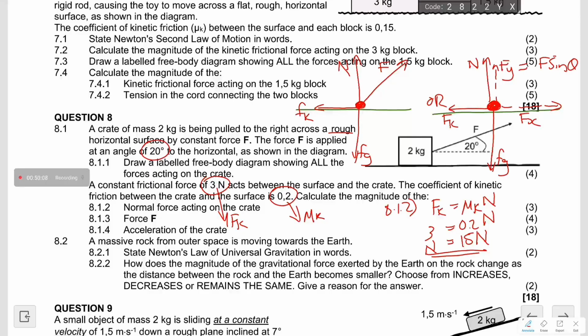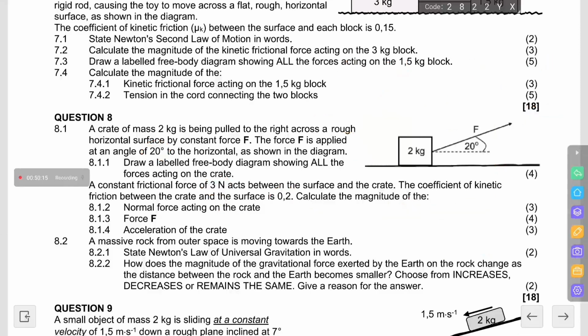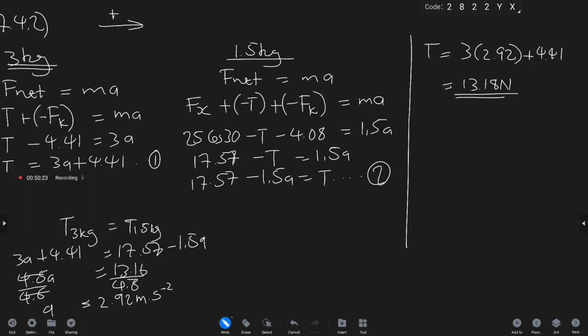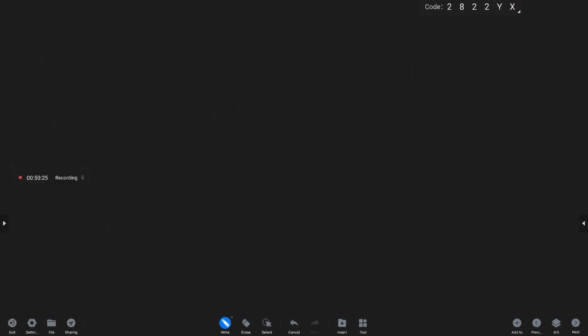Now, moving forward, 8.1.3 says we have to calculate the magnitude of F, or force F, in other words. Now we have to consider two things, whether we're using the horizontal components or the vertical components of the plane.